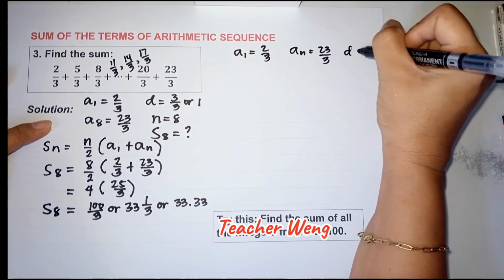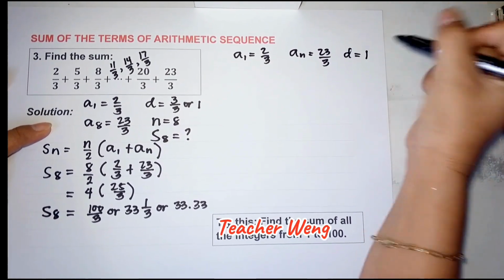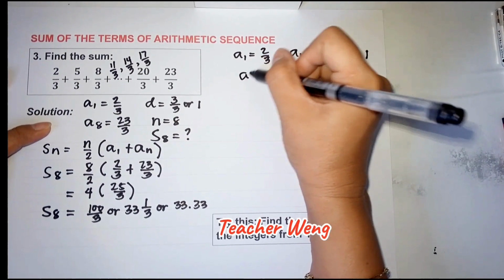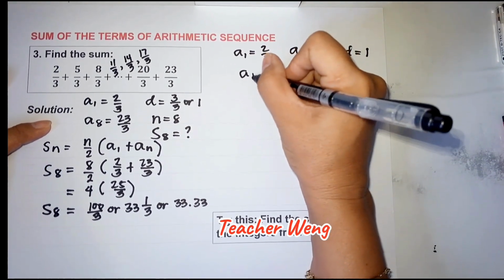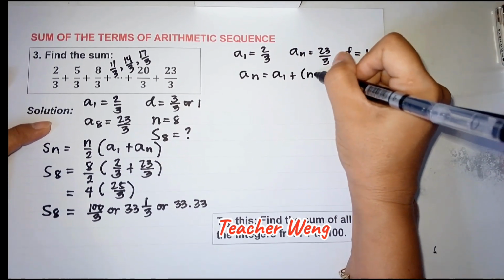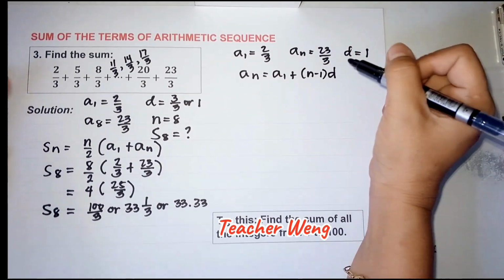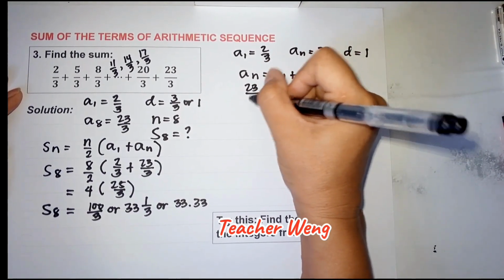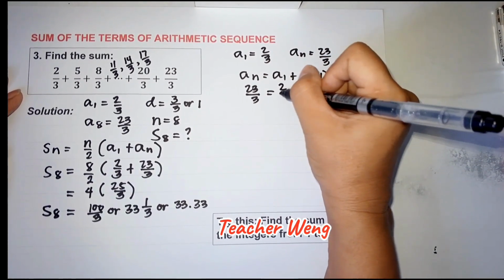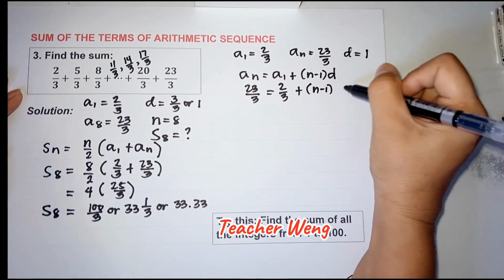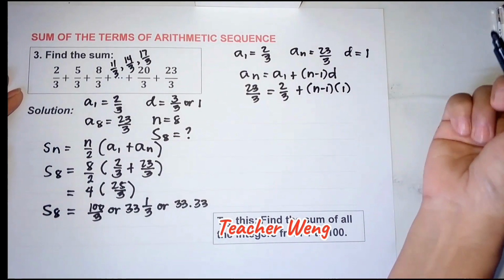Then you also know that the common difference is 3 over 3 or 1. So you go back to the formula of a sub n, which is a sub 1 plus n minus 1 times d. That is 23 over 3 equals a sub 1, 2/3, plus n minus 1, since you don't know n, times d, which is 1.